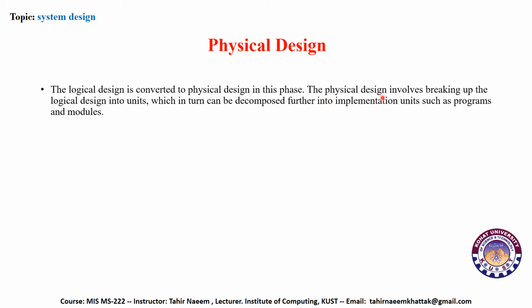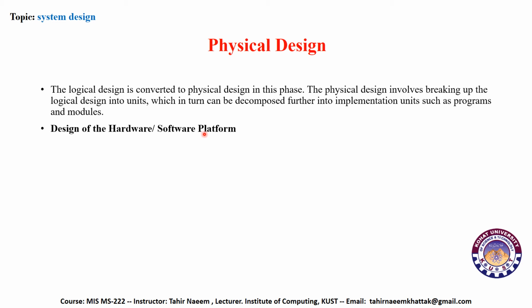The physical design involves breaking up the logical design into units, which in turn can be decomposed further into implementation units such as programs and modules. So if we design a system, it must be broken into smaller components, and smaller components can be modules. We can call them modules or programs.